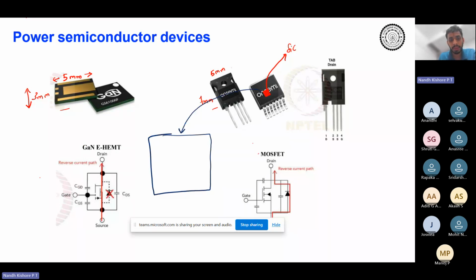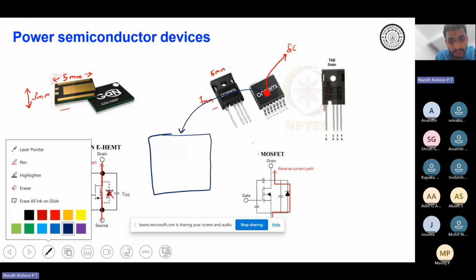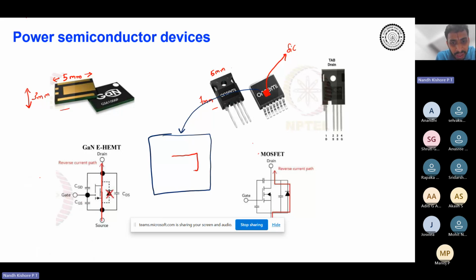I'm drawing this. You're just seeing this outside, but if you open it, there will be a silicon carbide die, and the die size would be quite small. So this is the silicon carbide die. In this die, you will have multiple connections, so let's say this will be the gate, drain, source, and so on.